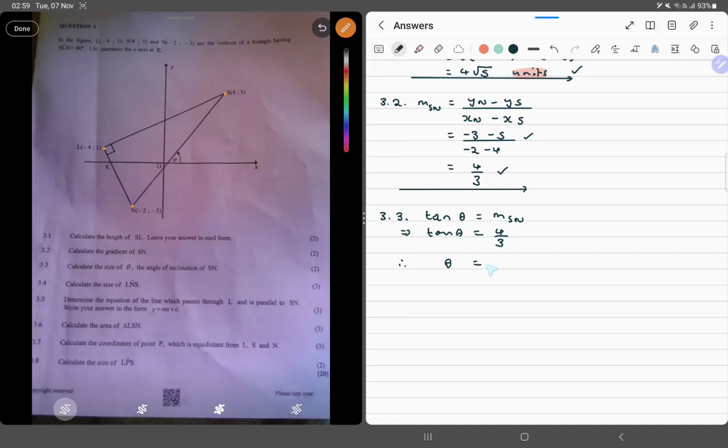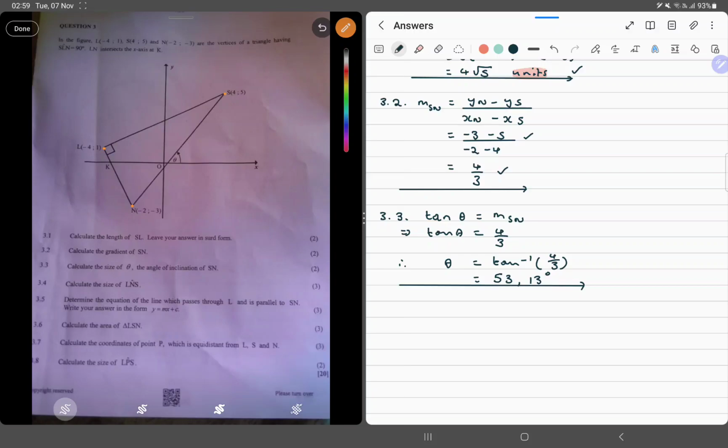Therefore, theta is equal to shift tan of 4 over 3. Let's get it. Shift tan 4 over 3. We get 53.13 degrees. Of course, I'm rounding off to 2 decimal places. You will check on the instructions. I don't have them on this picture.